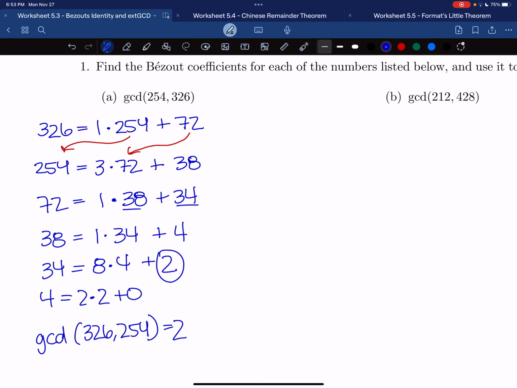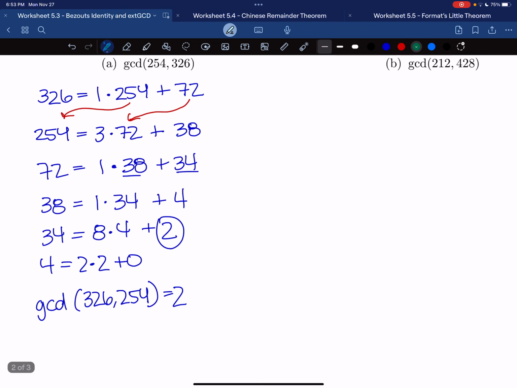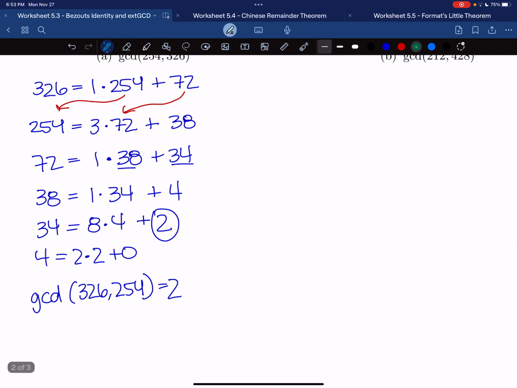And I'm just going to use a different color and show us that there are two ways that we can hold this information. This line here tells us that 34 is equal to 8 times 4 plus 2, but it also tells us that 2 is equal to 34 minus 8 times 4.